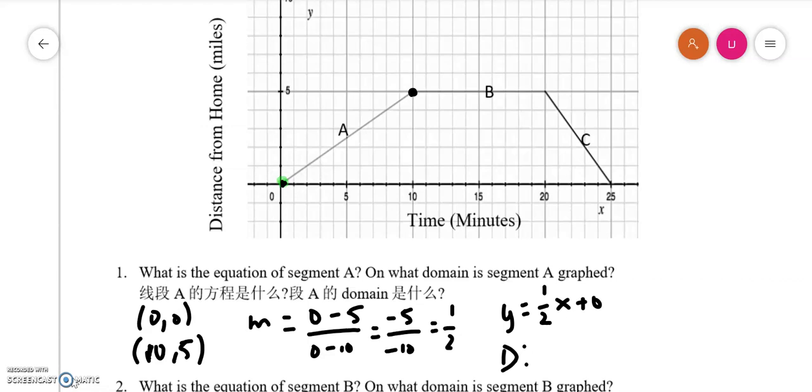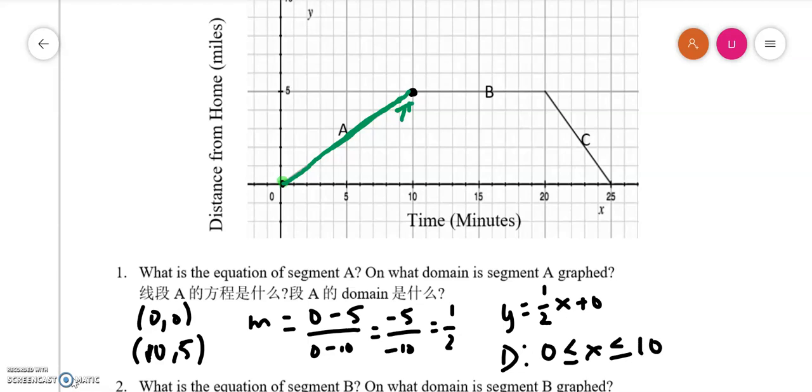And I'm going to extend this all the way to the end of segment A, and it stops there. So that x value at the end here, that's x equals 10. Our domain is 0 is less than or equal to x is less than or equal to 10.